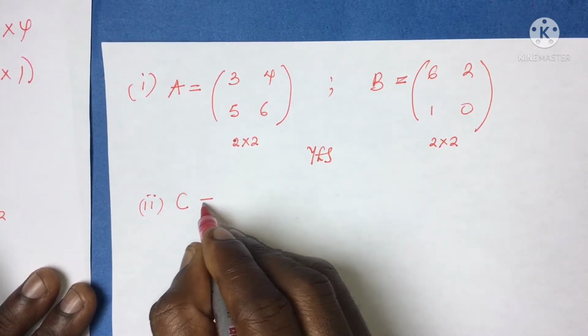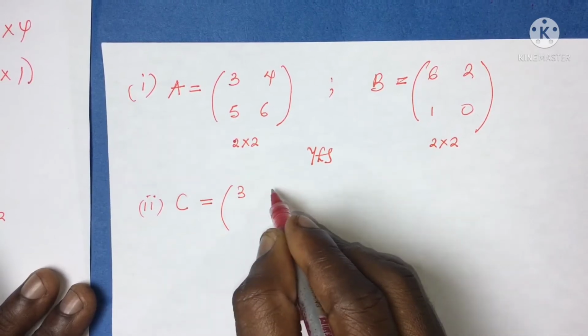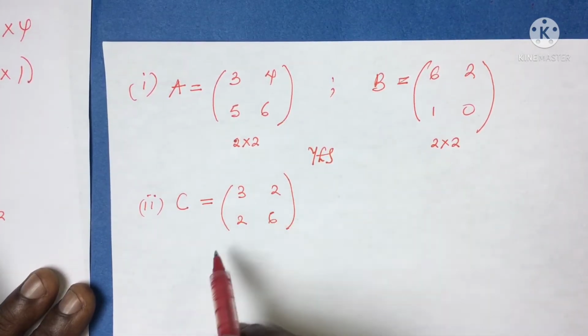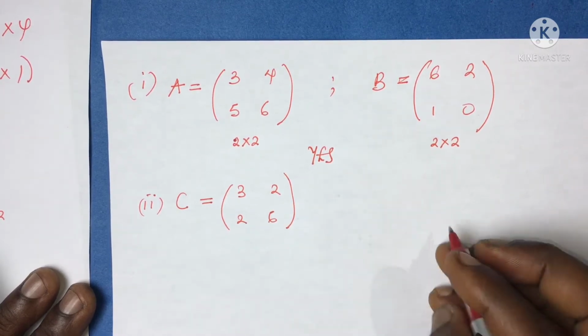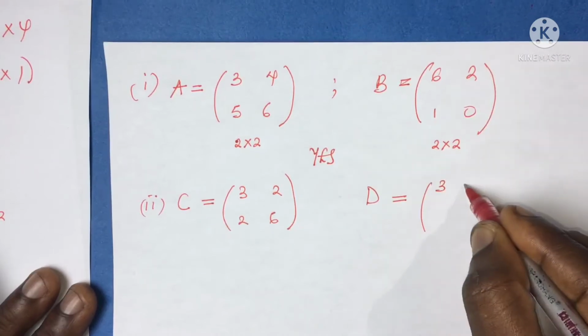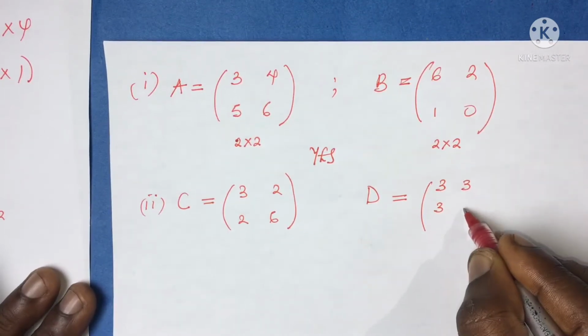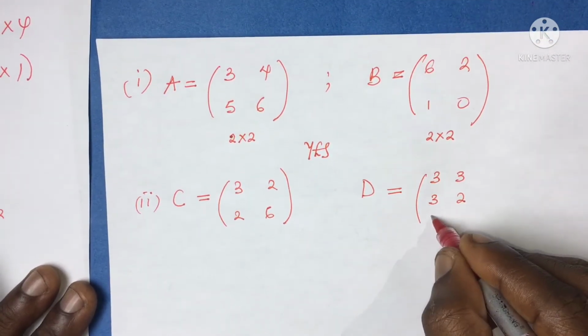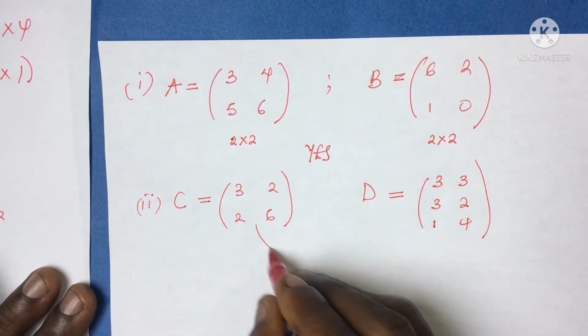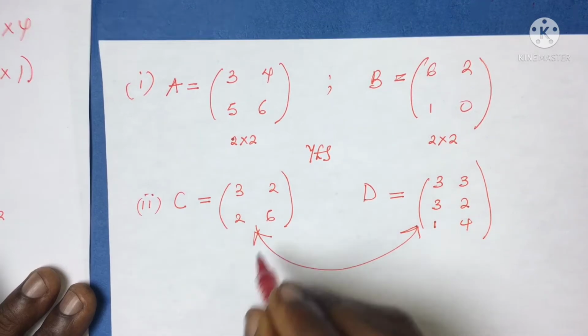If I give you a matrix C of order 2 by 2, having 3, 2, 6 as the elements, and another matrix D of order 3 by 2, okay? Now, can these two matrices add to each other?